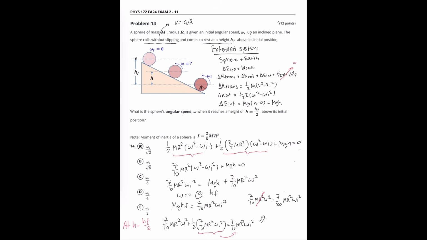So these terms will cancel out, and we get omega squared is equal to 1/2 omega initial squared. And we take the square root of both sides. You get that omega is equal to omega initial divided by root 2. And this will correspond to answer choice A.